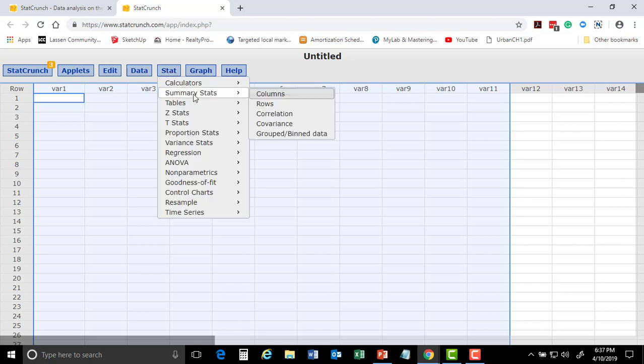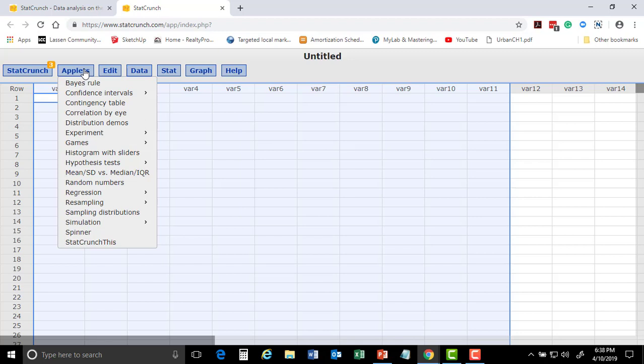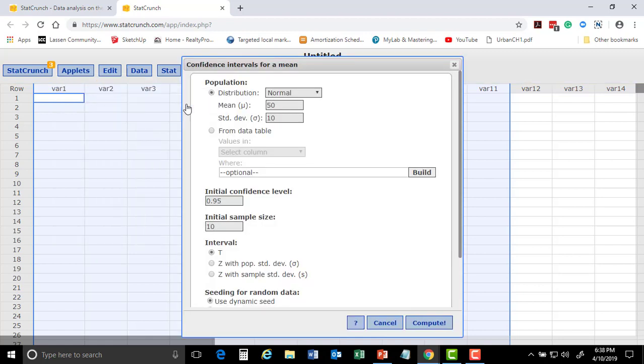Let me see if we got covariance. We don't have any columns or rows. And in graphs, confidence interval. Is this a proportion? We're talking about p or mu? It's for a mean, isn't it? Yeah, okay.